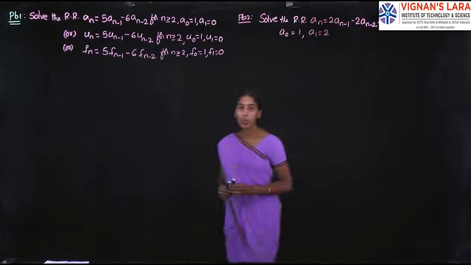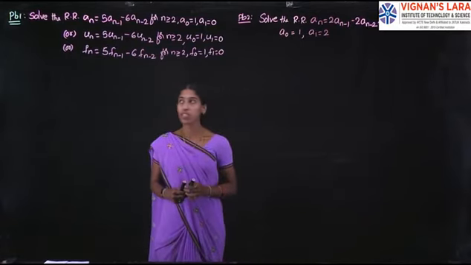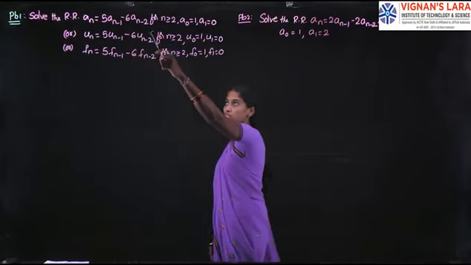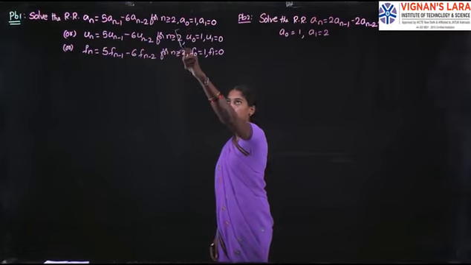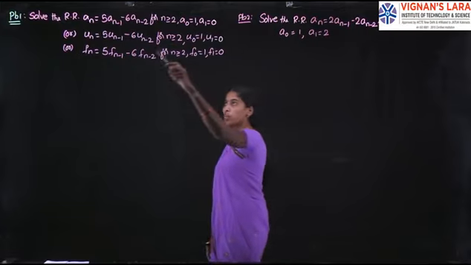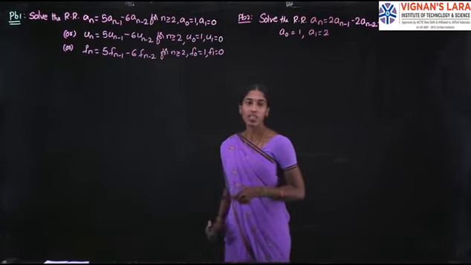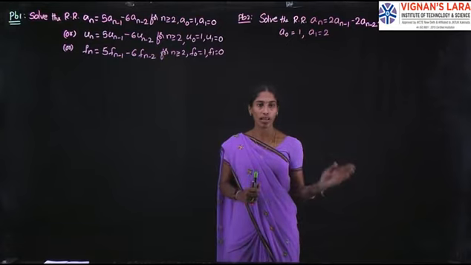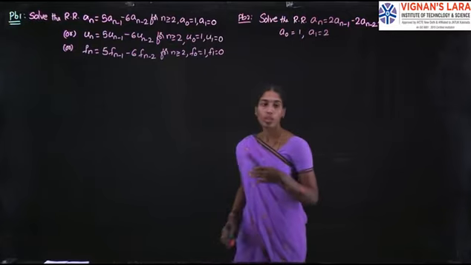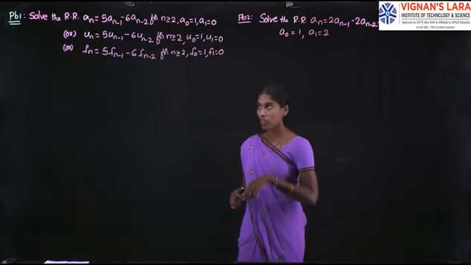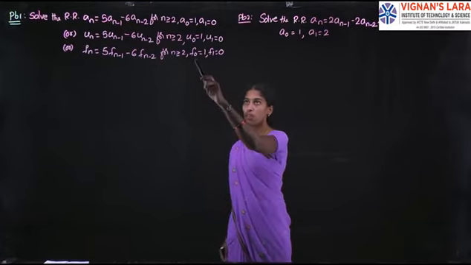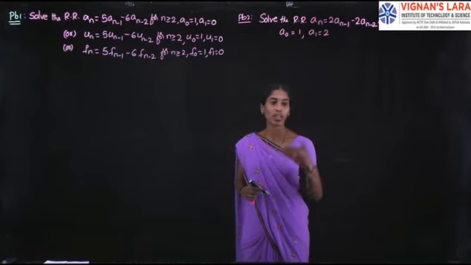Right, now we see the problems on these homogeneous recurrence relations. Problem 1: solve the recurrence relation a_n is equal to 5 a_(n-1) minus 6 a_(n-2) for n greater than or equal to 2, a0 is equal to 1, a1 is equal to 0. The same problem may be given with the terms of the sequence represented as u0, u1, u2, u3 and so on, or as f0, f1, f2, f3, f4 and so on.